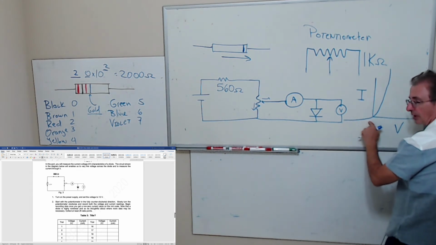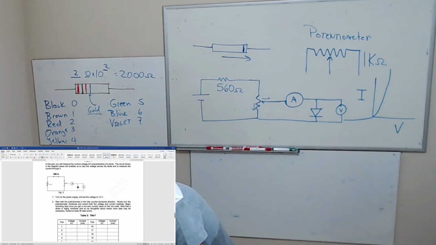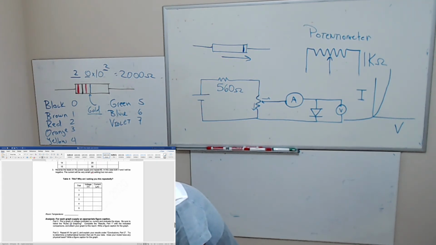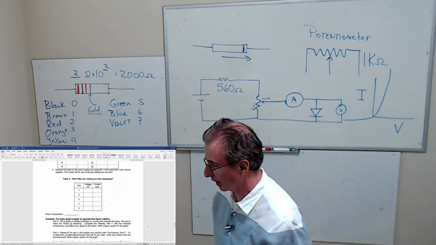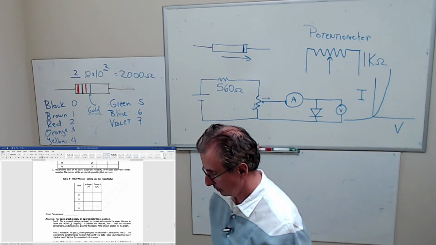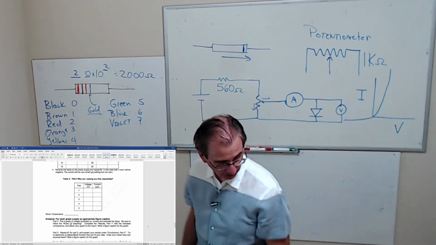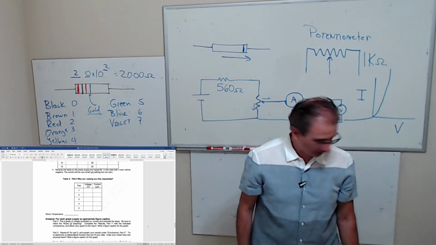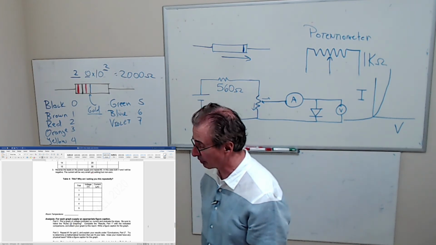You're not going to do this part. By the way, you see table 4? Do not do the stuff for table 4. Okay? Why? Because your multimeter, the one that we purchased, because we couldn't get the one I wanted originally, does not have a microamp scale.